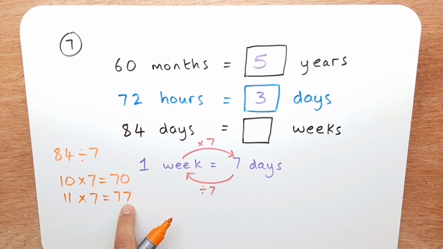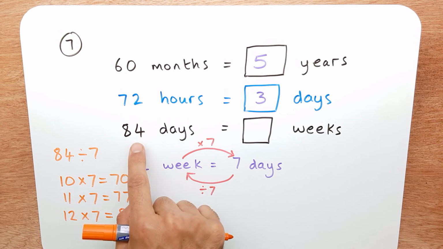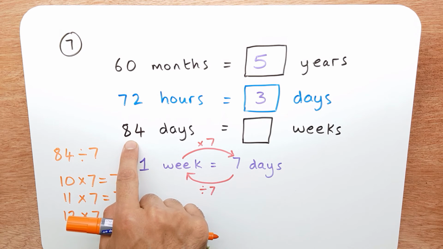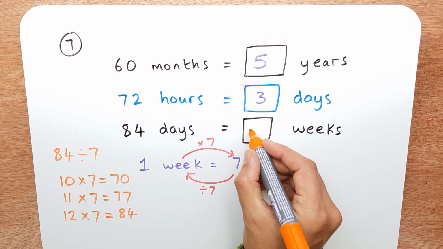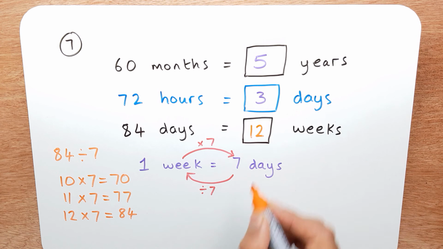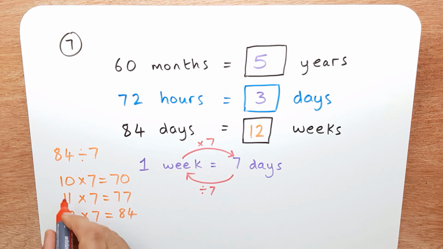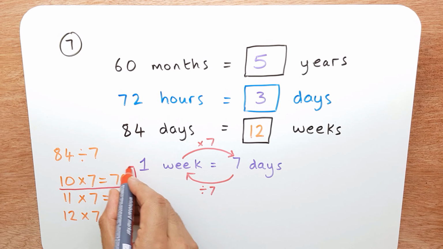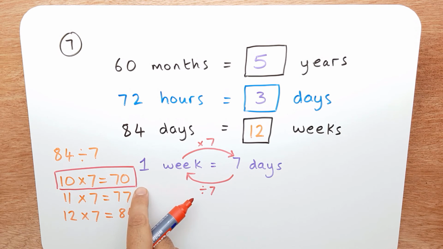Now, if I add one more 7, so I've got 12 times 7 is 84. So how many weeks are there in 84 days? There's 12.